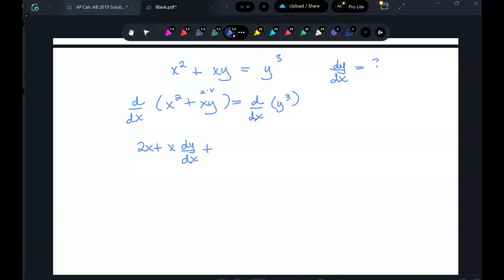plus y times 1. And then it will be 3y squared. Don't forget dy dx. My bad. Now what would we do? We put x dy dx on the other side.